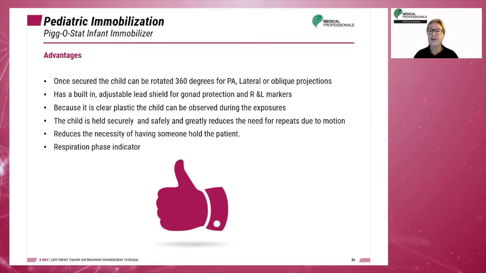Because it is translucent plastic, the child can be observed during the exposures. The child is held securely and safely, which greatly reduces the need for repeats due to motion. It reduces the necessity of having someone hold the patient, and it includes a respiration phase indicator.